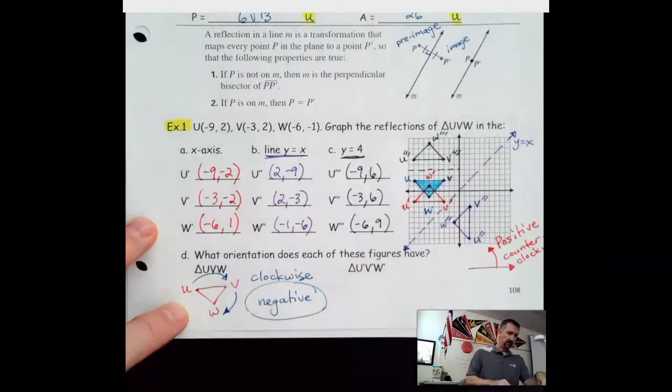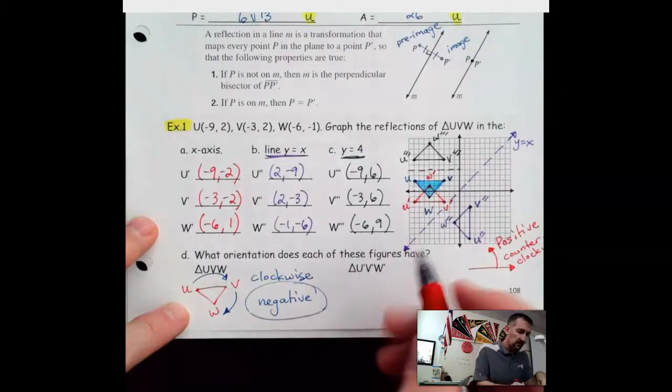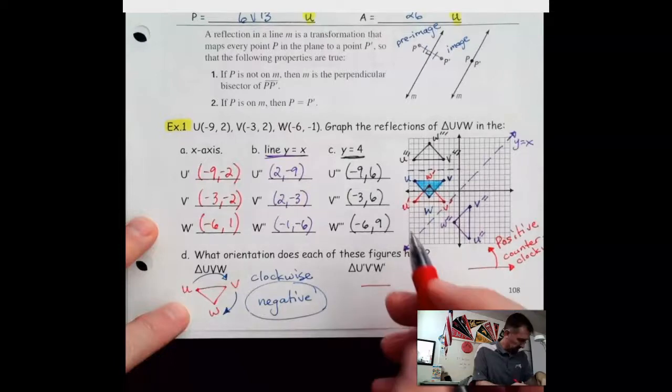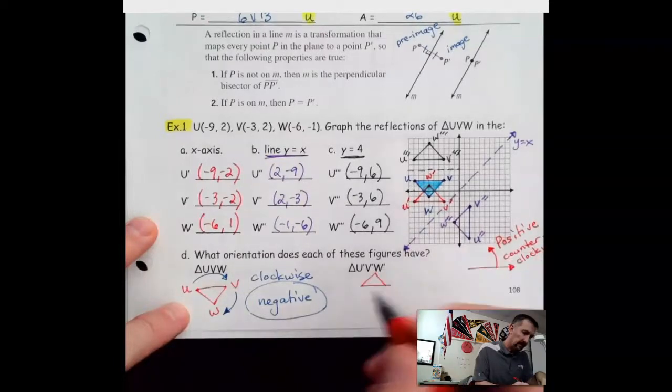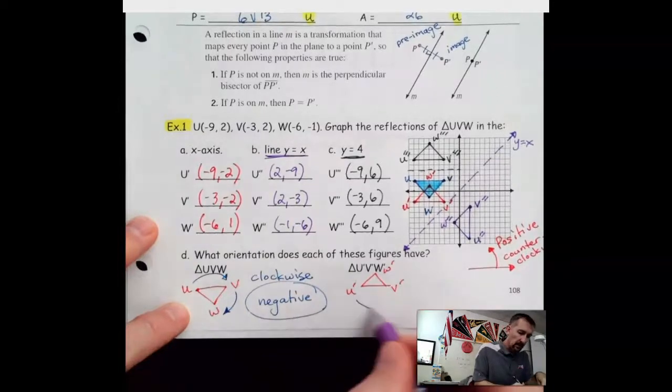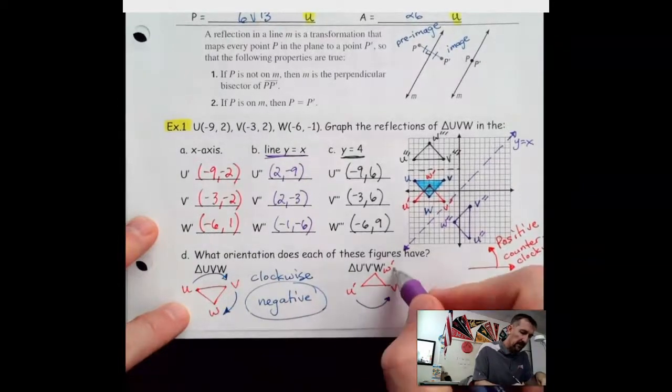All right. So if we look at, I should have done that in blue. Let's see. So this one's red. Darn it. Okay, so U prime, V prime, W prime. If we connect those, that's going like this.